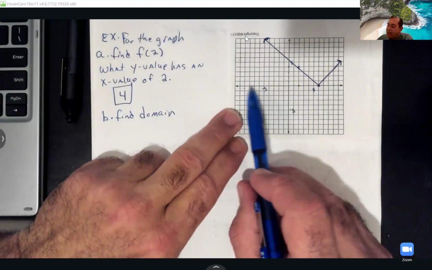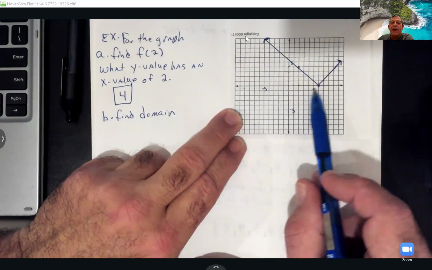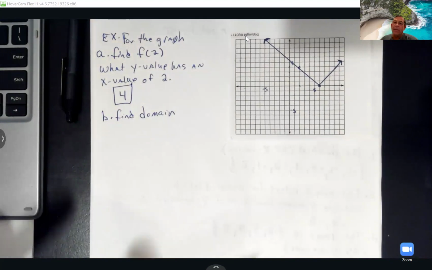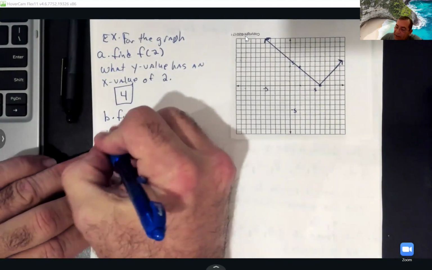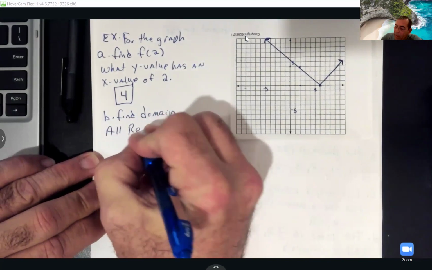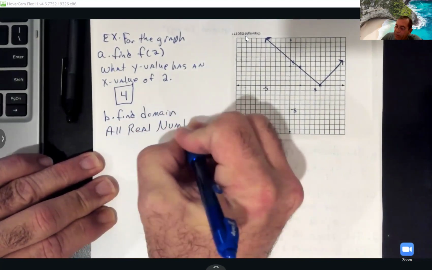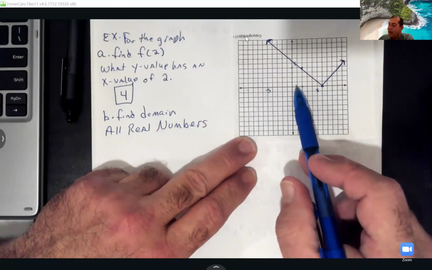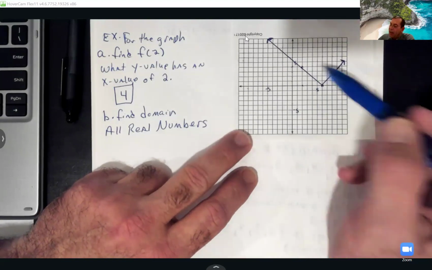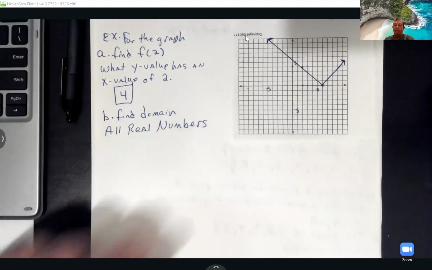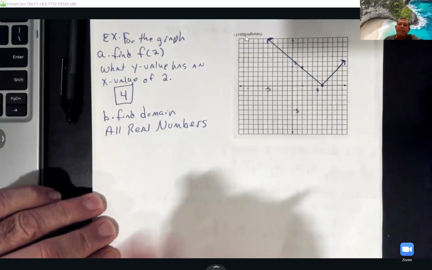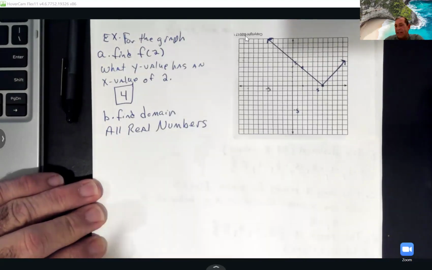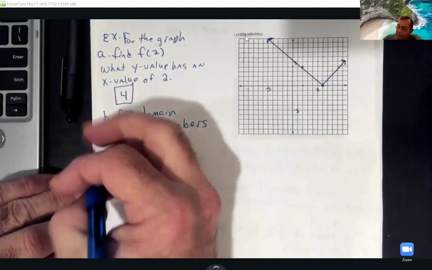So since the x's go to the left and to the right, as far as they can go, we say that this domain is all real numbers. Okay, because it covers the negative x's and all the positive x's. And notice these are solid lines, okay? So if you got solid lines like that, those things are going forever. And we represent that in this section as all real numbers.